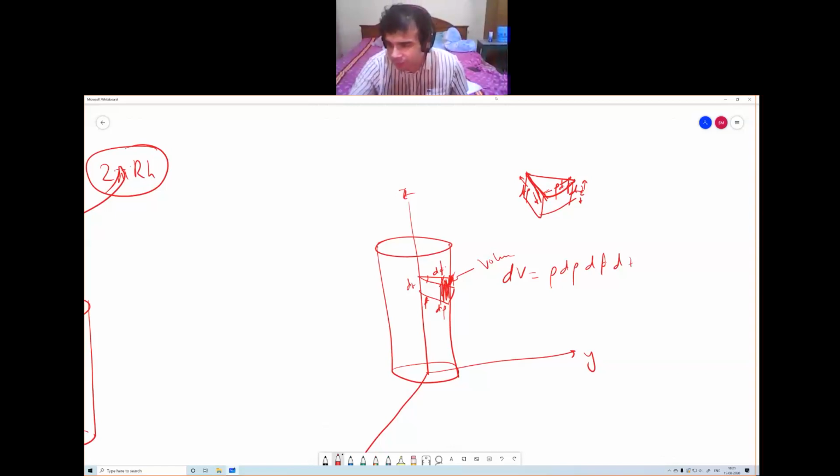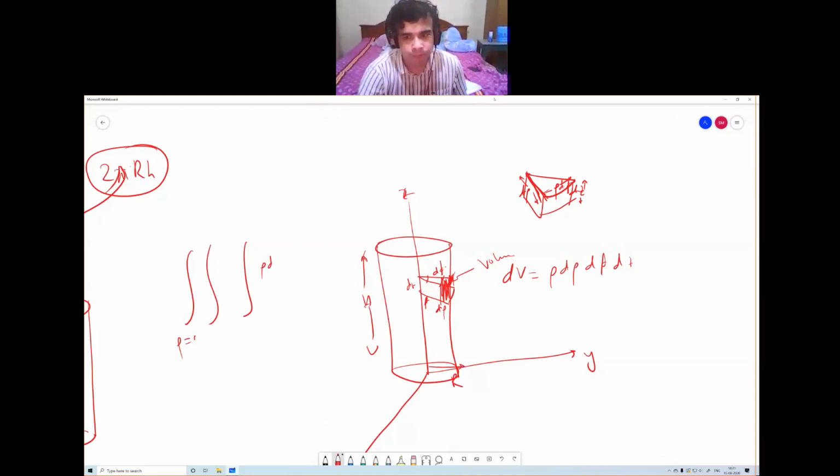So what will be the volume of the entire cylinder? How to integrate? Height is h, radius is r. What will be the limits of rho? 0 to r.